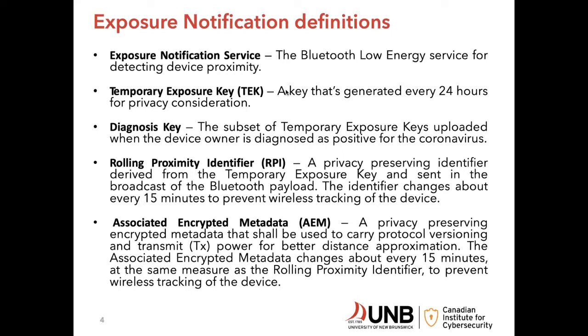The identifier changes about every 15 minutes to prevent wireless tracking of the device. And there is something called associated encrypted metadata, AEM. We will see in the next slide the usage of all these terms. It is privacy-preserving encrypted metadata that shall be used to carry protocol versioning and transmitted power for battery distance approximation, for instance, and this AEM changes about every 15 minutes.